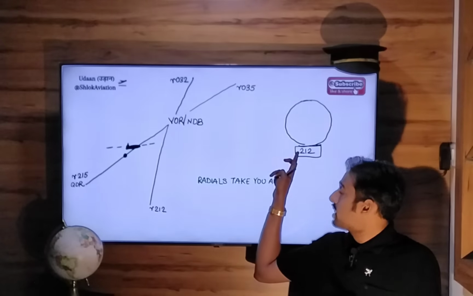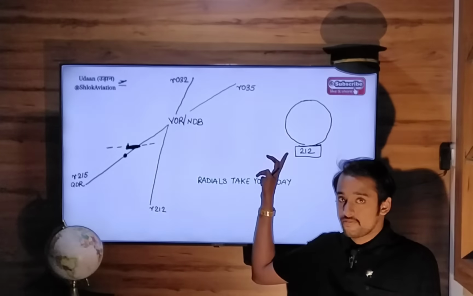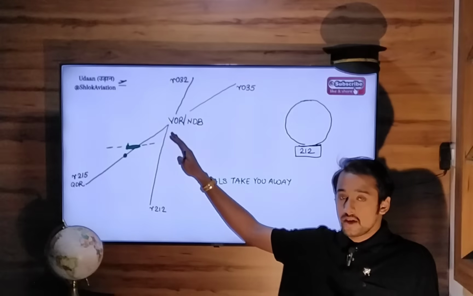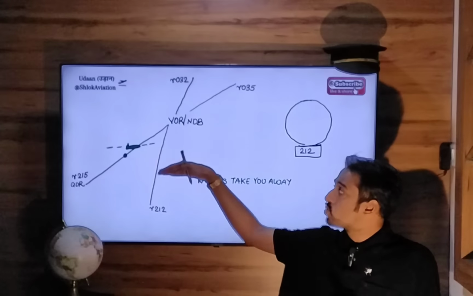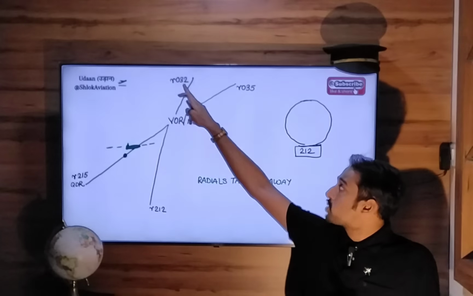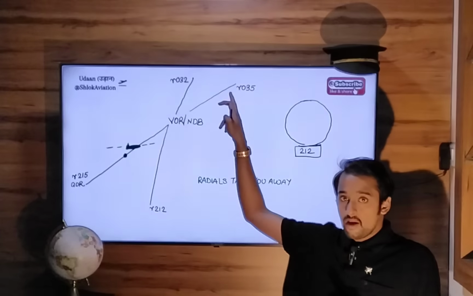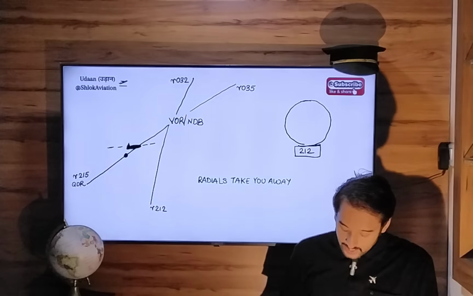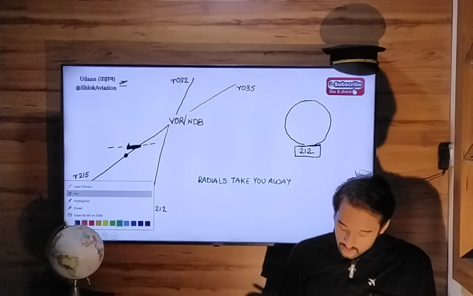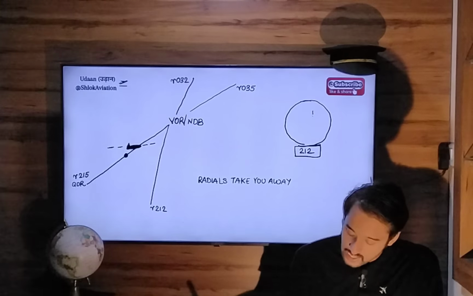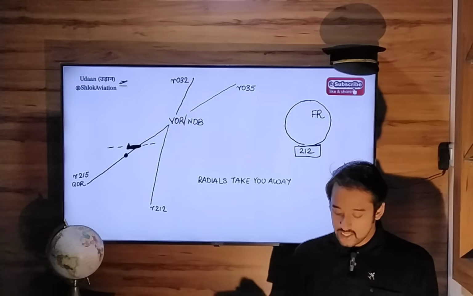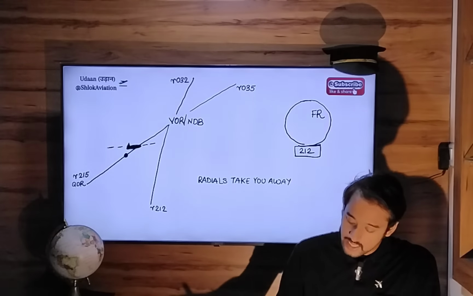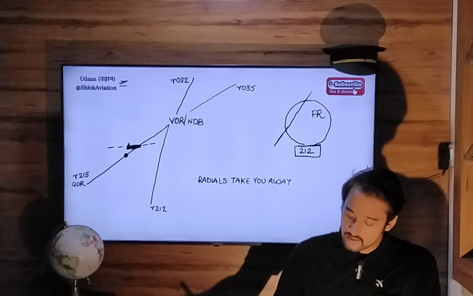So if you have put radial 212, which is to this side of the station, the radials which will take you towards the station are 032 and 035. But the pilot has put radial 212. So the To/From indication will definitely be From, and since 212 is to the left of 215, you will get a CDI indication of fly left.